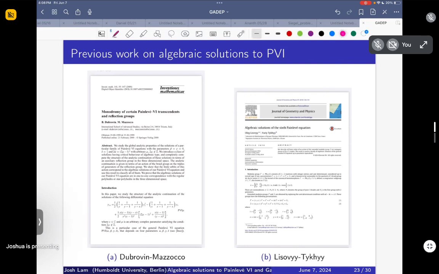Again, this is Painlevé VI, and they put the constraint that A1, A2, A3, these 3 matrices, are in the conjugacy class of (1, 1, 1, 0). So they take this conjugacy constraint that they're unipotent, and after that, they classify all these solutions. It's really an amazing work, but their approach is very different from what we do.